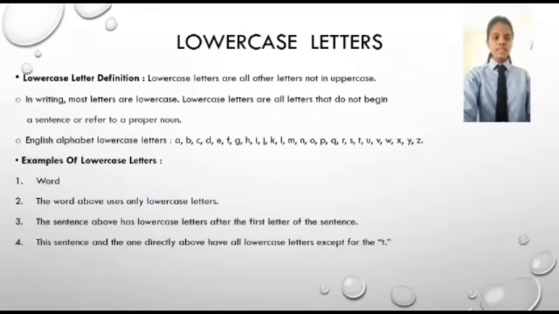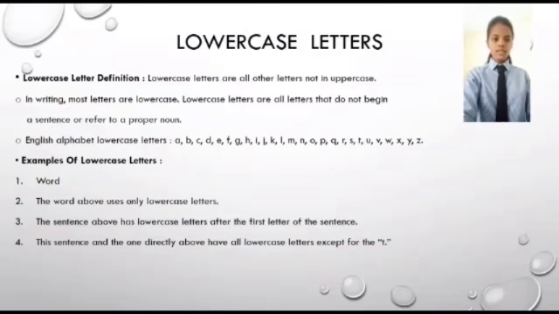Let's see lowercase letters. Lowercase letters are all letters not in uppercase. In writing, most letters are lowercase. Lowercase letters are all letters that do not begin a sentence or refer to a proper noun. English alphabet lowercase letters are a to z.